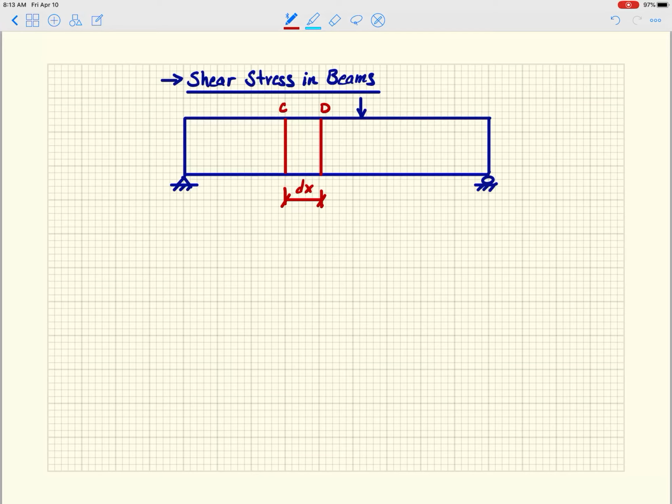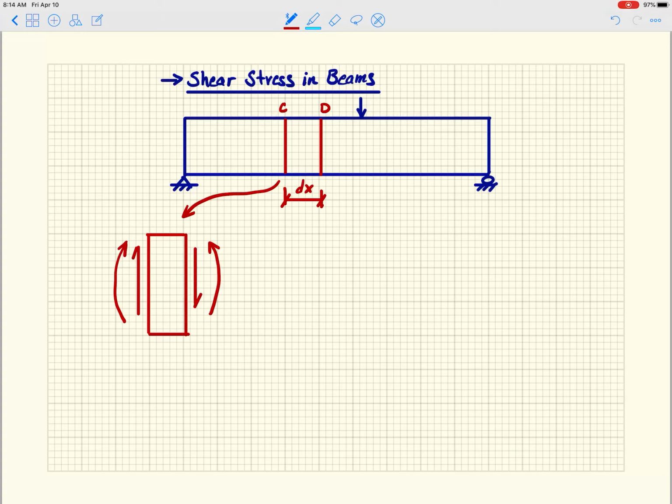Okay, so if I take this segment out and redraw it here, I'm going to get a shear force down, then the shear force up on the other side. Notice that that is our positive sign convention for shear force. Then I'm going to have my internal moments.